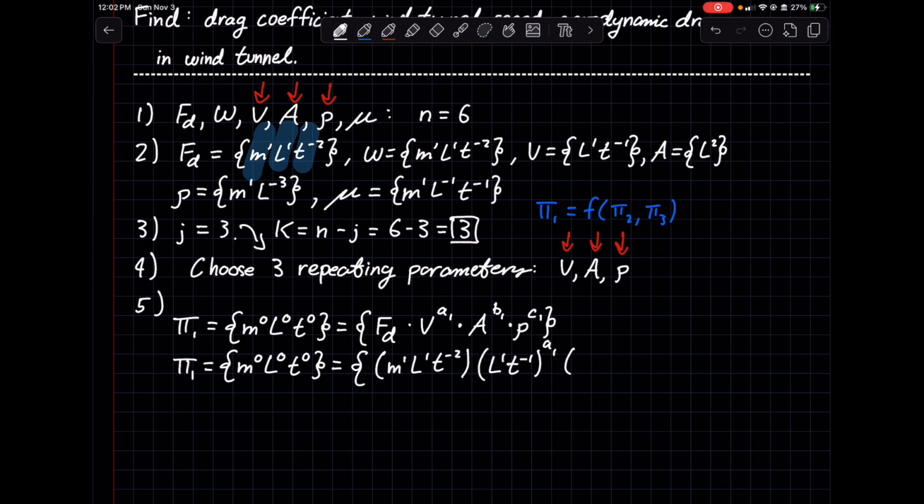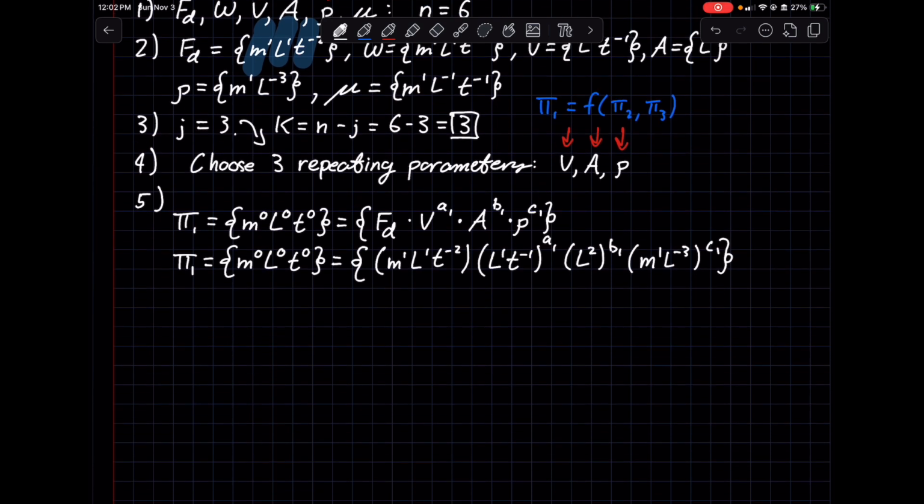Our cross-sectional area right up here is our next step, so this would be L2 raised to the B1 power. And then we have rho, which is right here. So this would be M1 L to the negative 3 power, all of that raised to the C1 power.